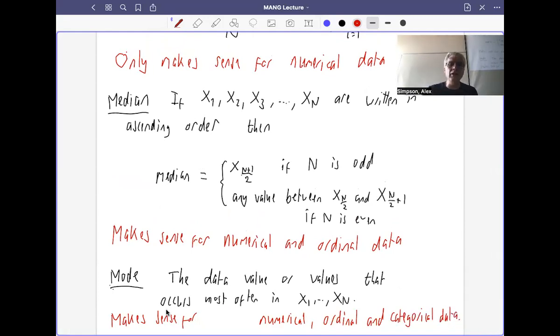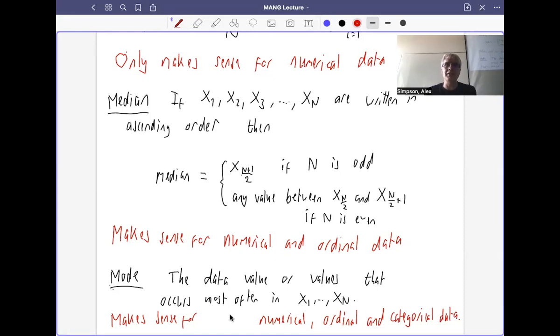But there is actually a little caveat here. I want to clarify things a little bit to say that in some sense, it's not really appropriate to apply the mode to continuous numerical data, because if every data item is a real number, then it's very unlikely that two different data items are going to be the same real number, because real numbers are continuous.